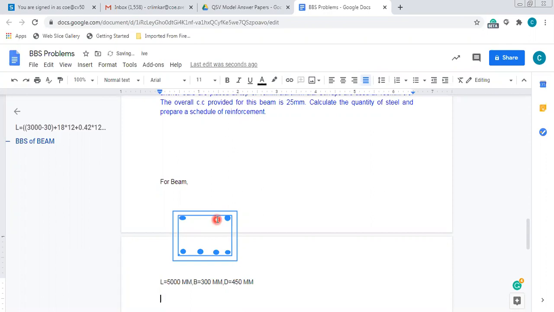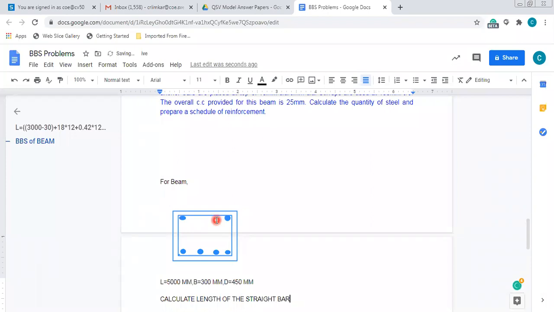Now, how to solve the problem of the beam? At first you have to calculate the length of the straight bars. What is our first step? Our first step is to calculate the length of the straight bar.